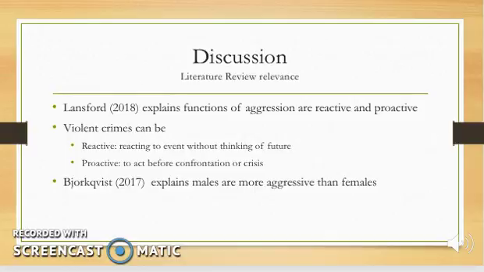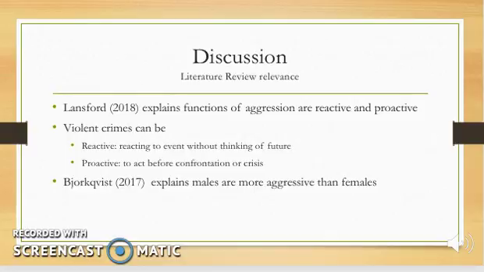So for reactive violent crimes, an example would be if an individual says something that another individual doesn't like, and that individual in turn behaves aggressively. So that may escalate to aggravated assault. In this case, the individual reacted to an event without thinking of any future consequences.